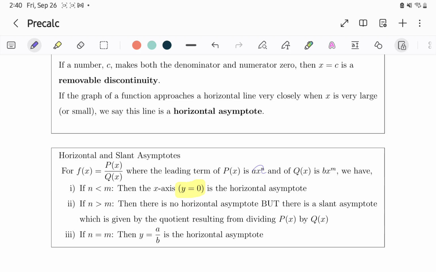And so just looking at the ratio of their coefficients, it's going to be a over b. So if n is equal to m, then y equals the ratio of the leading coefficients is going to be the equation for the horizontal asymptote.